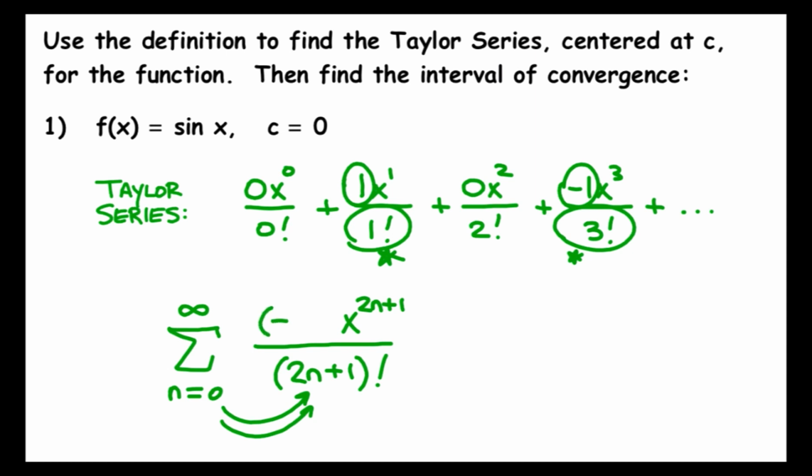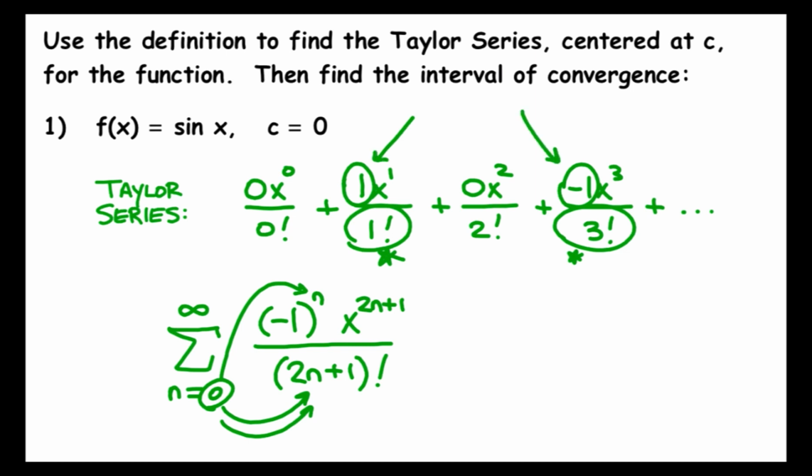And then finally, we need the alternating component. So I'm going to go negative 1, and it's either going to be to the n or maybe to the n plus 1 or n minus 1. Let's see, if I start with 0 and I plug the 0 in to here, it's going to be negative 1 to the 0, which is positive. I do want it to start positive and then go negative later.